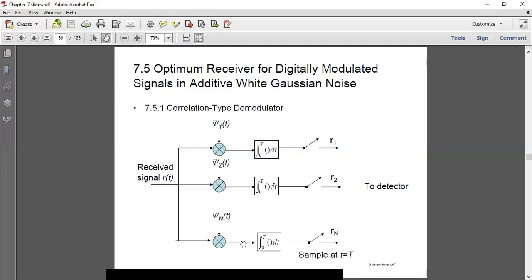This process is called correlation. So r is correlated with phi 1, with phi 2, and up to phi n. We decide which observation was coming, sampling at t equal to T. This is the correlation type demodulator.